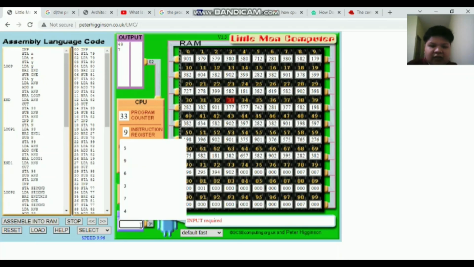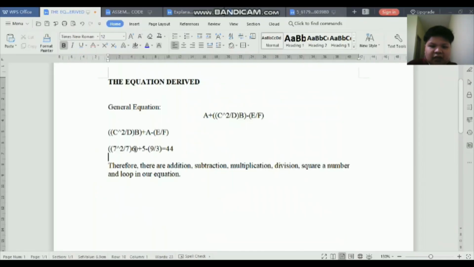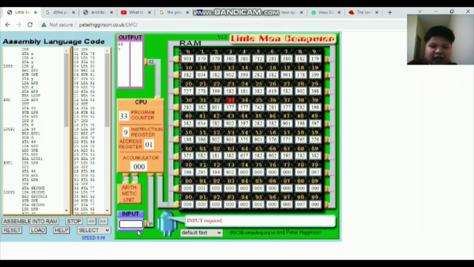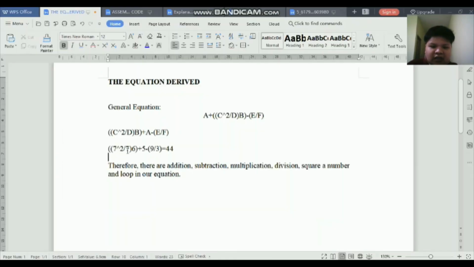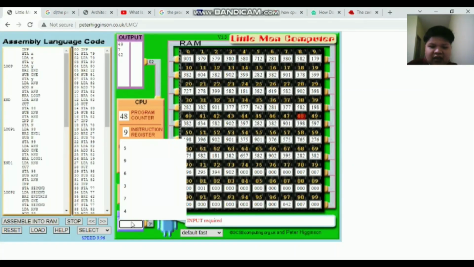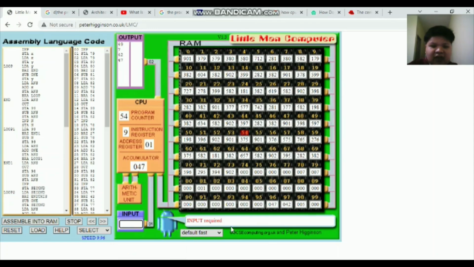After that, our b is 6, so we multiply by 6. 7 times 6 is 42. And plus our a is 5. 42 plus 5 is 47.